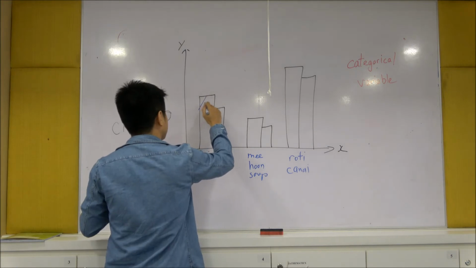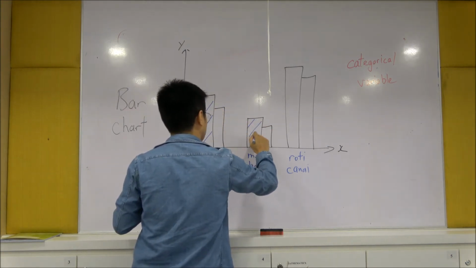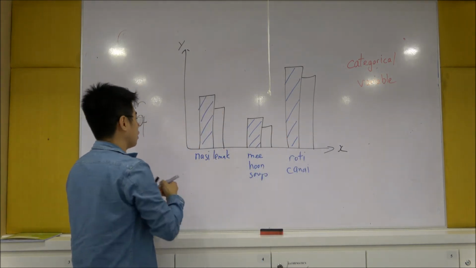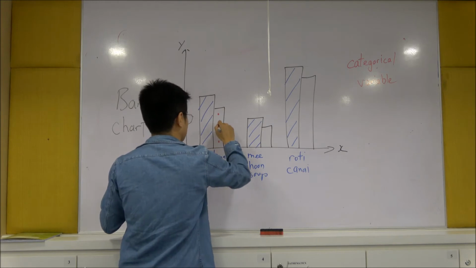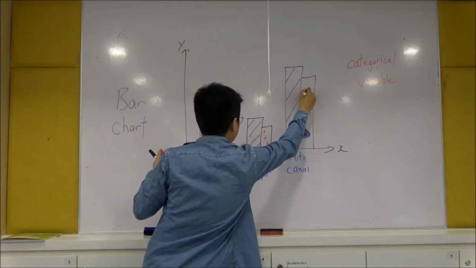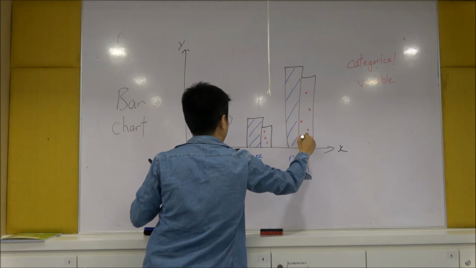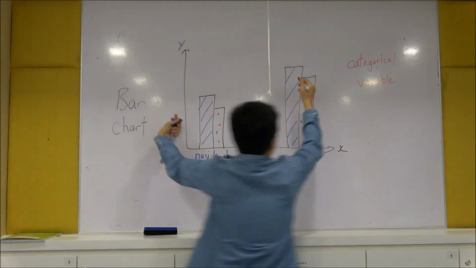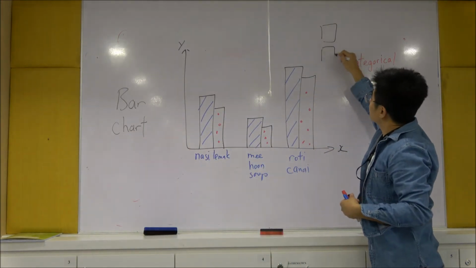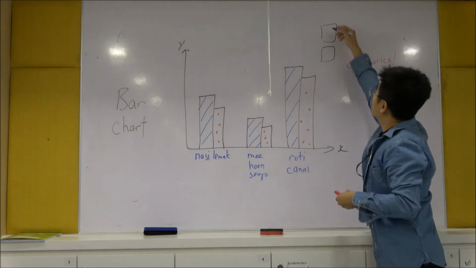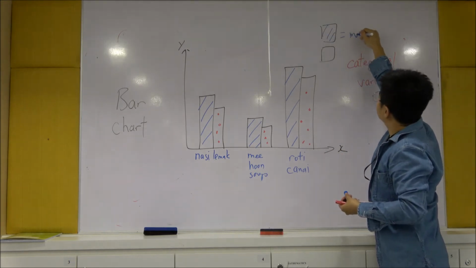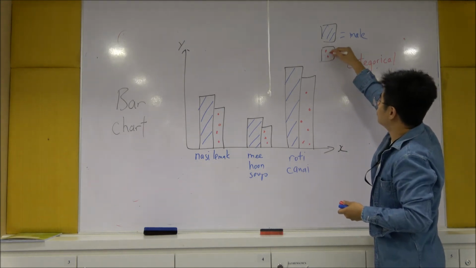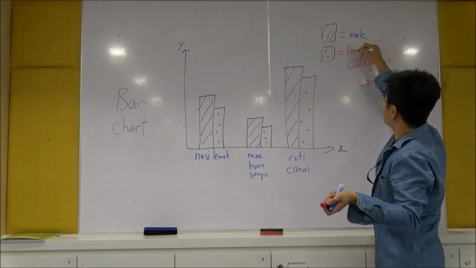For example, in the first one, I'll put stripes, whereas for the second one, maybe polka dots. So on the top you have to indicate the ones with stripes are male, and the ones with polka dots are female. Of course, you have the liberty to label however you like. It's really up to you.